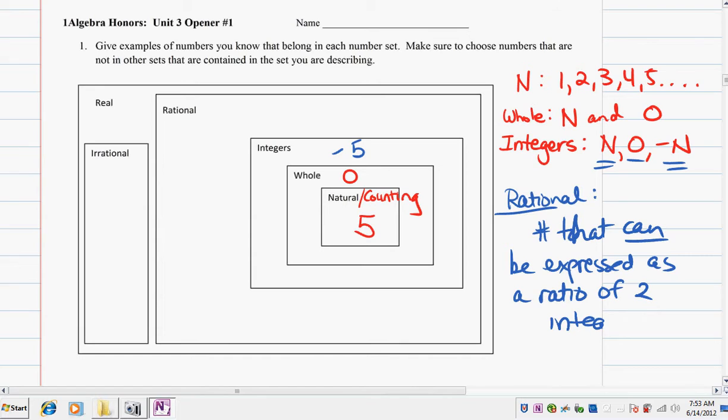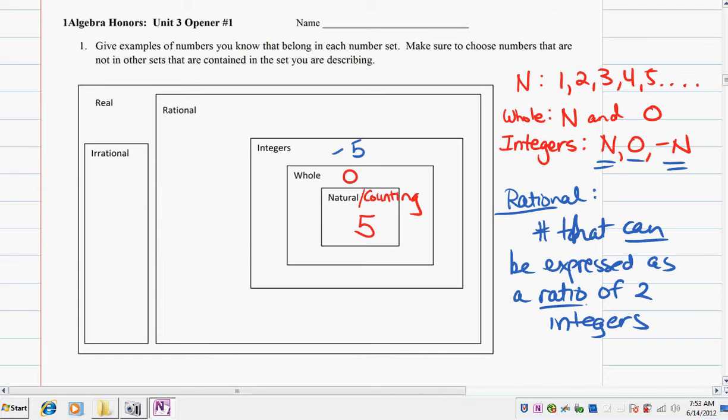Now you might ask, what's a ratio? A ratio is a comparison of two numbers, often expressed as a fraction. So you could think of this as a number that can be expressed as a fraction of two integers.